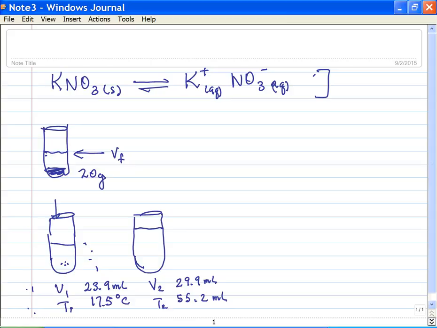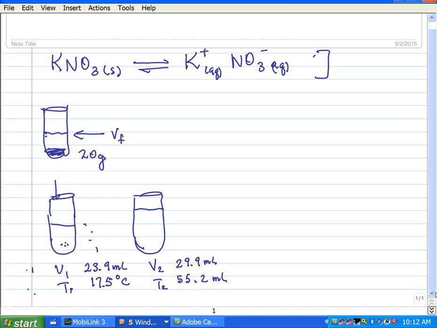So every time after you take the temperature, you're going to add more water, let it heat up and cool down again to see what temperature the crystal started to appear. For each one of these systems, you are in essence determining the equilibrium position based on measuring its temperature and volume. Right.